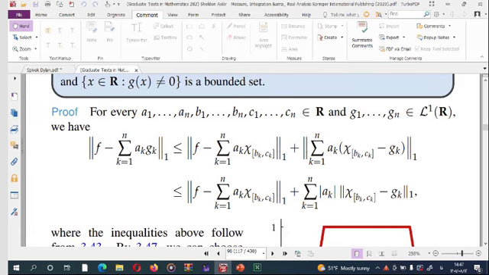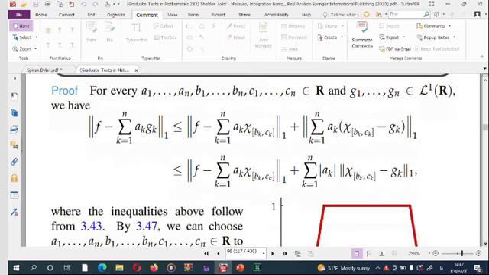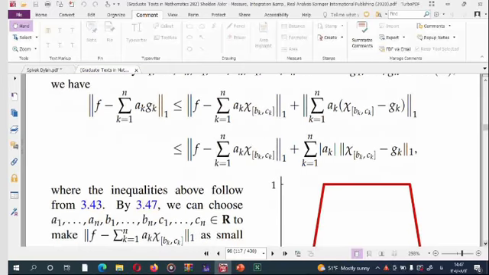Okay, and this is less than this, it is equal this by triangle inequality, where the inequalities above follow from this and this.